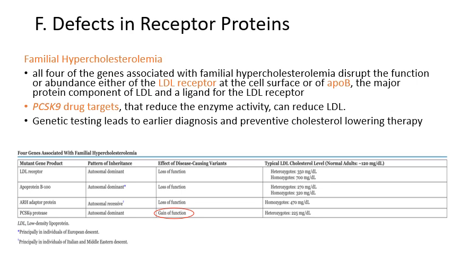Another mechanism is defect in receptor proteins, and a classic and common example of this is familial hypercholesterolemia. There are multiple genes. One of the gene products is the LDL receptor, which is the most commonly affected gene. We can also have the protein apoprotein B, an ARH adapter protein, or PCSK9.